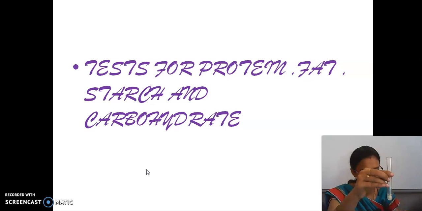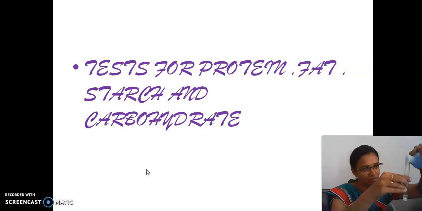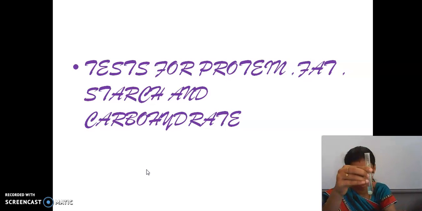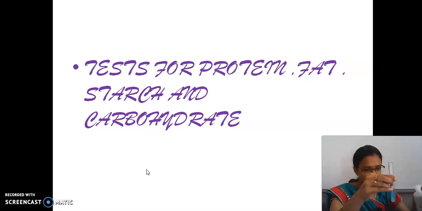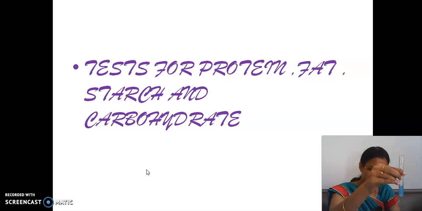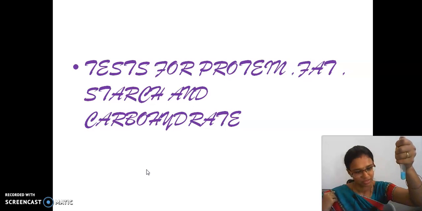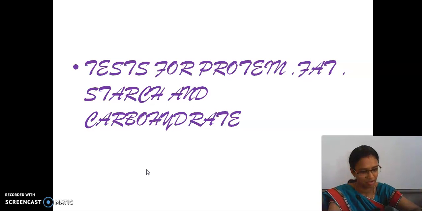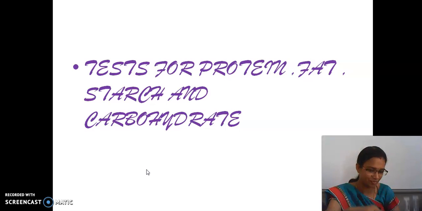Next I am going to add these 2 solutions into it. Now we are going to shake it well. Now I will keep these 2 in the test tube holder.